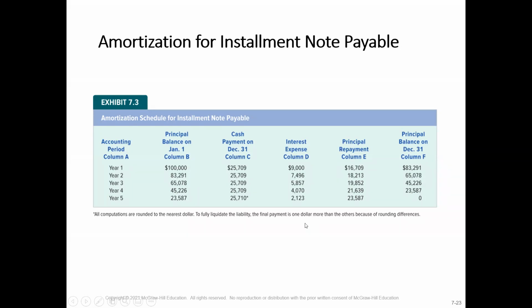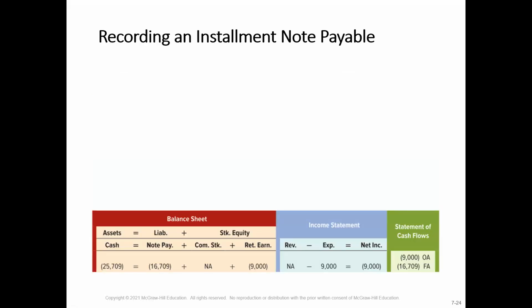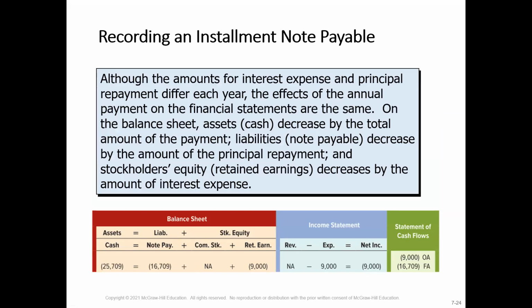So how we would recognize payment one in our financial statements model: the cash payment will always be $25,709, $710 on the last year. The breakdown between note payable reduction and interest expense is going to be different every time.